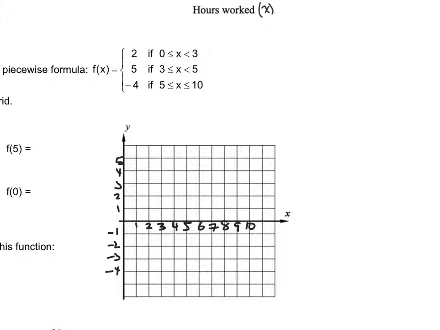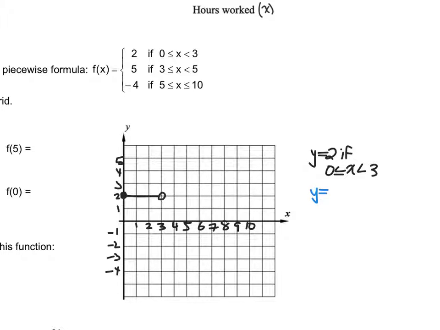So again, we're looking at y equals 2 if x is between 0 and 3. The horizontal line y equals 2 gets a closed circle at 0 and an open circle at 3, and it's horizontal. So draw a little line segment going there.